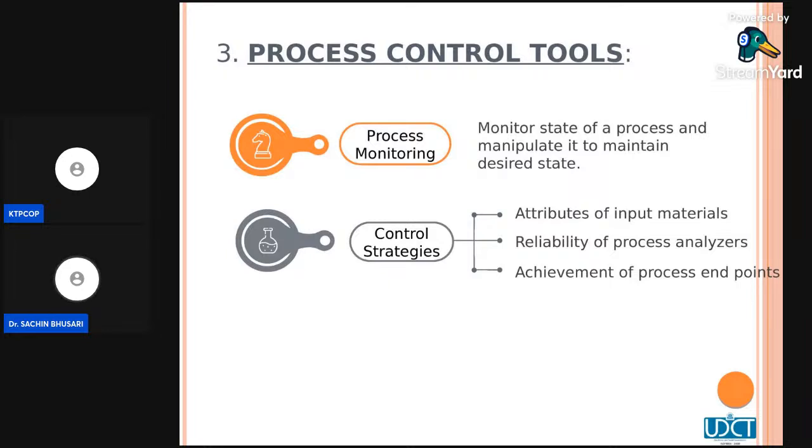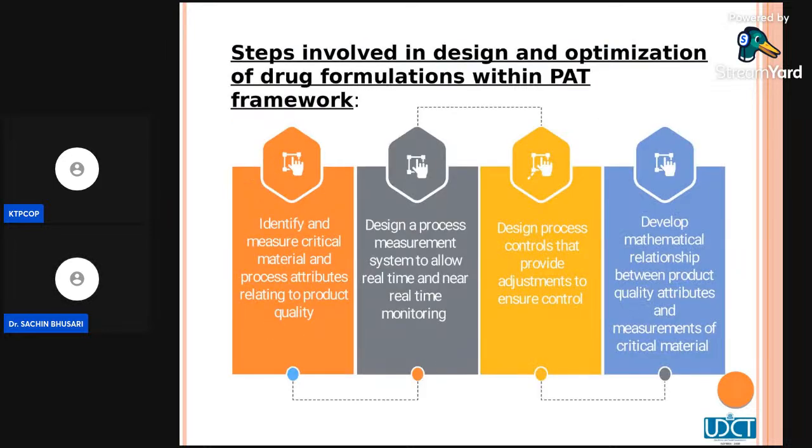Now it will not only stop the processes, but it will help you identify the quality of the starting material, the parameters which you set, and it will control that. So these control strategies are integral parts of the process control tools.